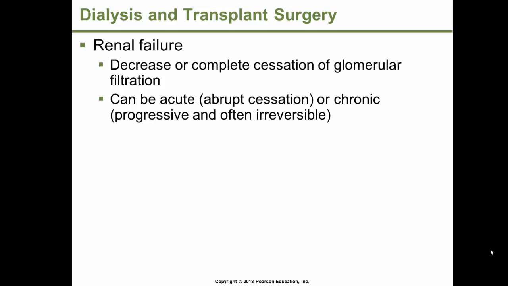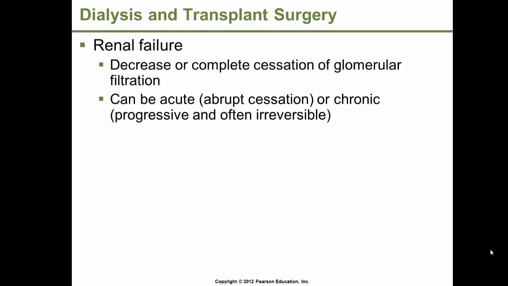Renal failure talks about decrease or complete cessation of glomerular filtration. It can either be acute, which is an abrupt cessation of kidney function, or it can be chronic, which means that it comes on over time. Acute causes can happen because of damage occurring to nephrons by severe inflammation.